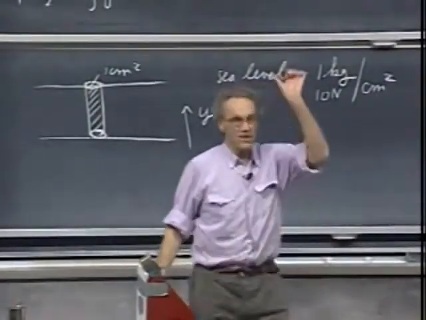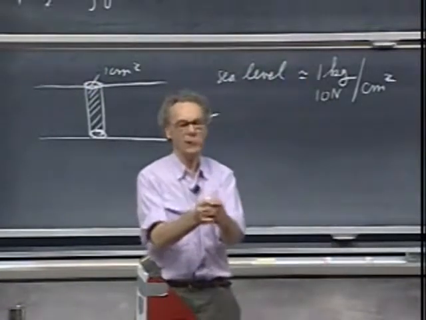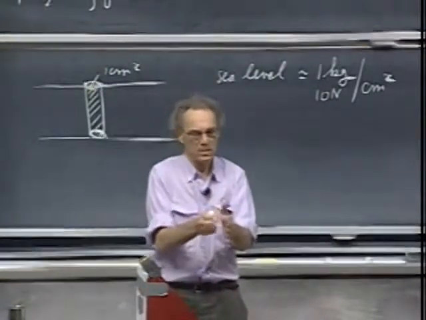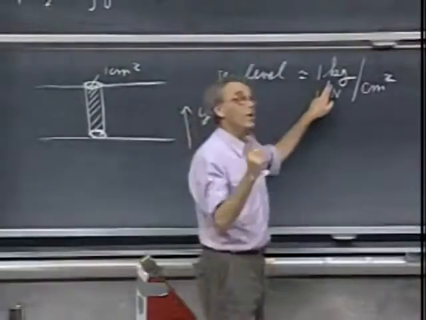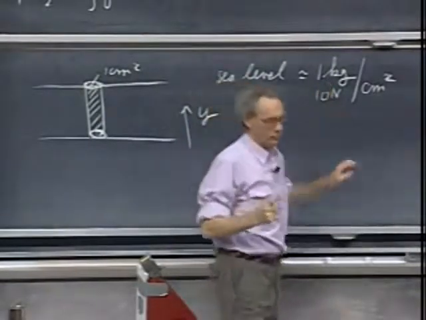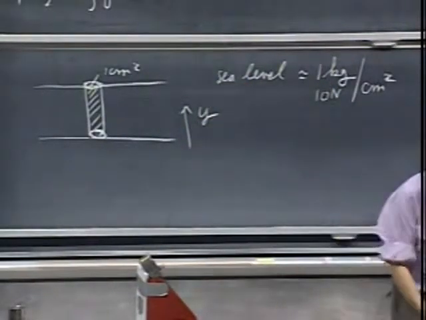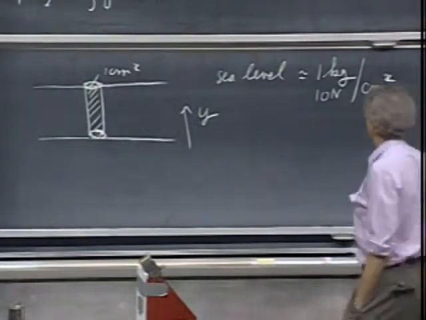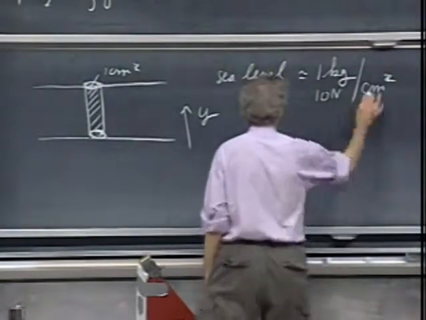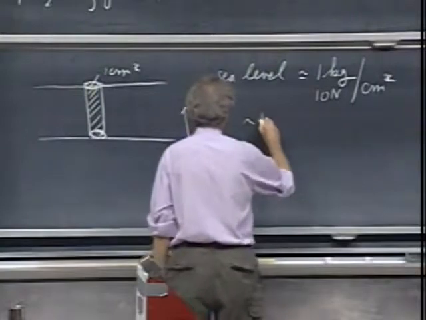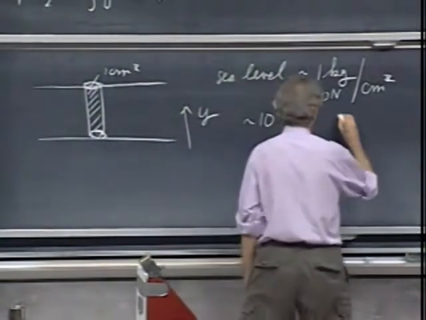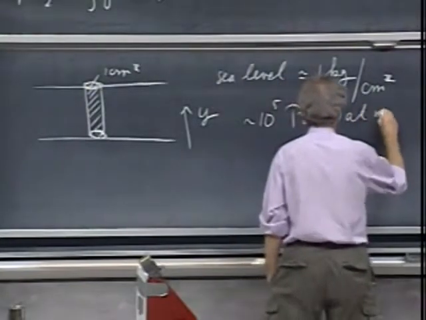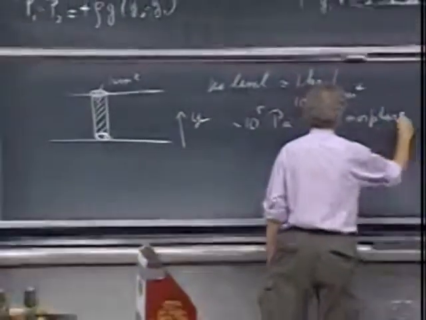It means then that this whole column, if I take a 1 square centimeter tubing all the way to the top of the atmosphere, a few hundred kilometers, would weigh 1 kilogram only, all that air. 1 kilogram per square centimeter, if you convert that to newtons per square meter, then you get roughly 10 to the 5th Pascal. And that is called generally 1 atmosphere. It's called the atmospheric pressure.